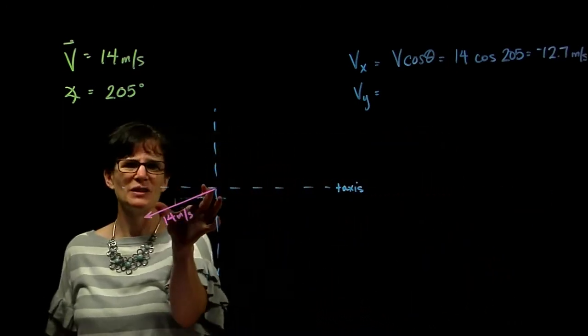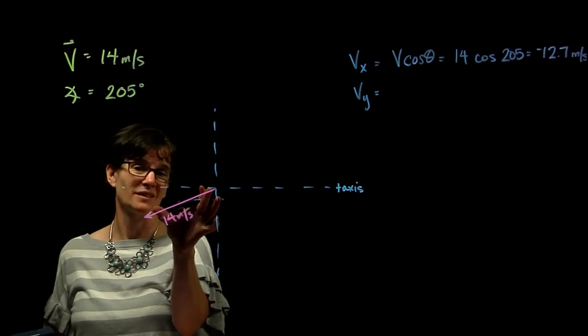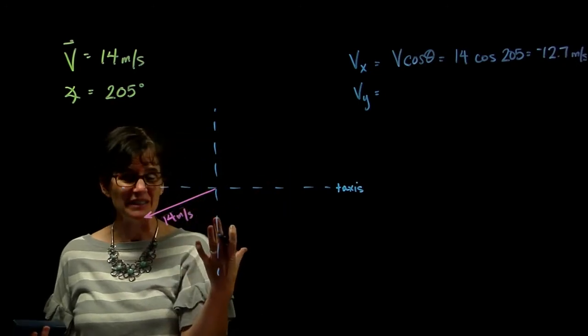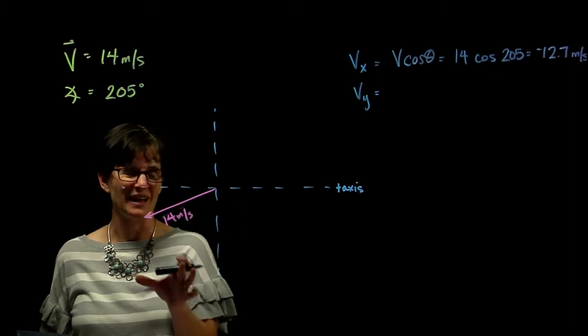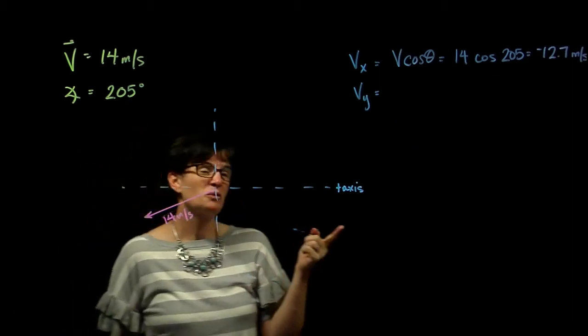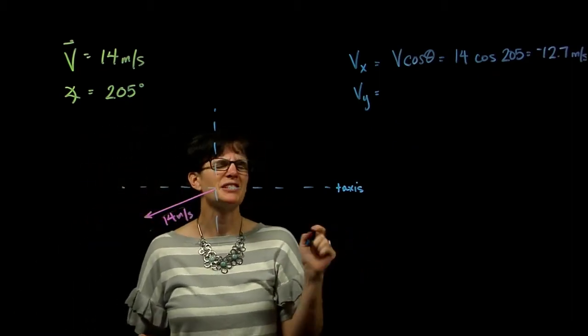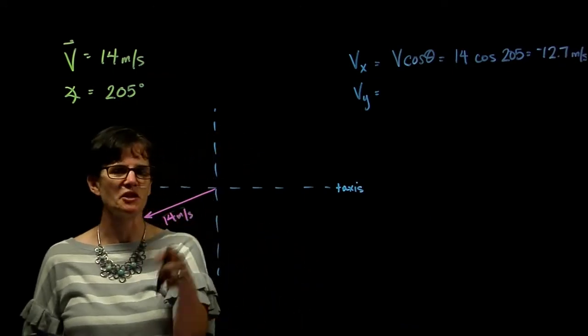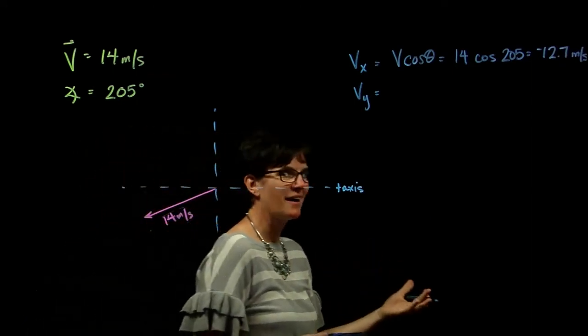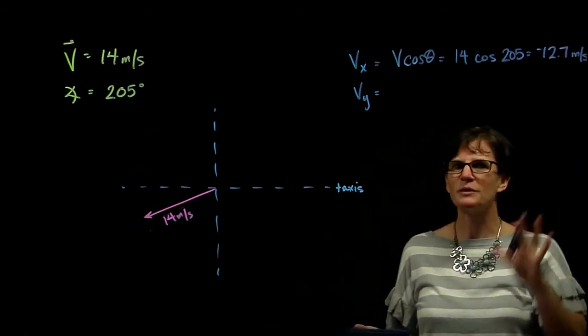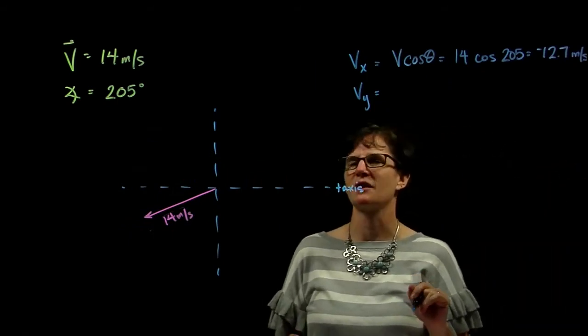Well, I'm very low below the horizontal axis, which means I have a good component in that horizontal axis. So 12 is reasonable. Should it be negative? Well, if I look at my picture, it's pointing to the left, so yes, it should be negative. So I have a reasonable answer in that horizontal direction.